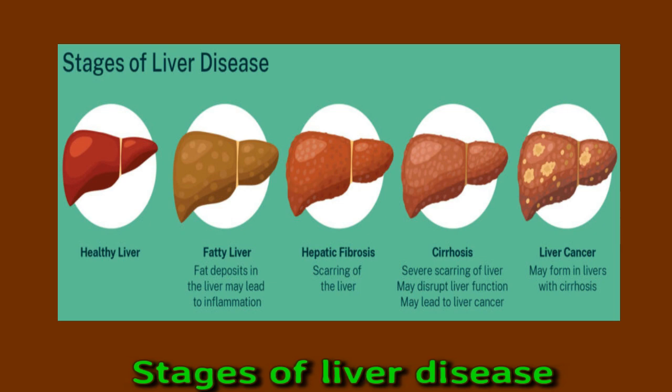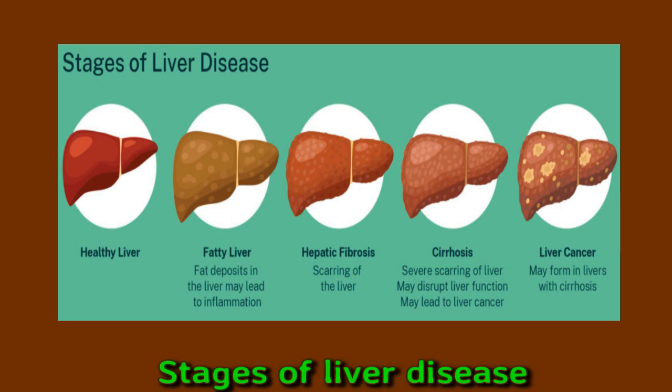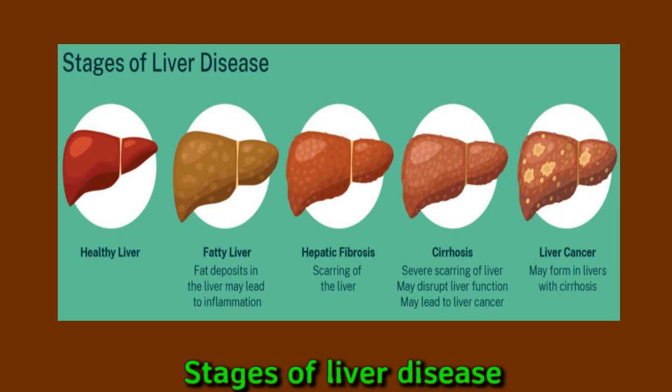Fibrosis. Without treatment, scarring may start to develop on the inflamed liver. Excessive buildup of scar tissue on the liver is called liver fibrosis. Over time, excess scar tissue replaces the healthy liver tissue.